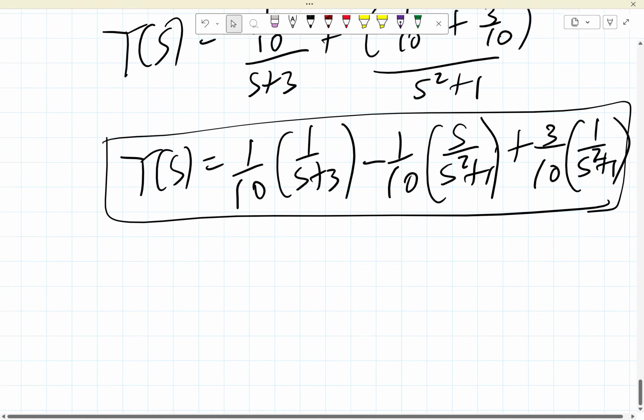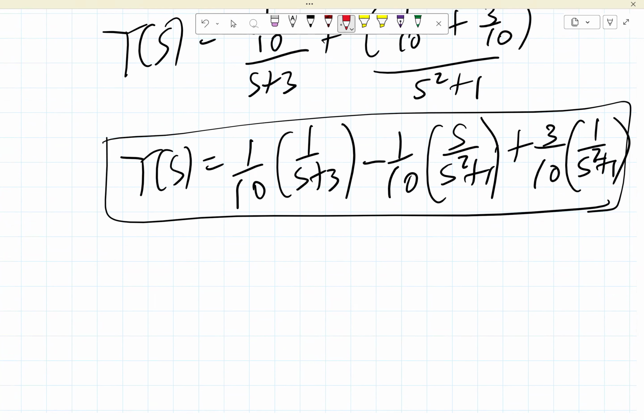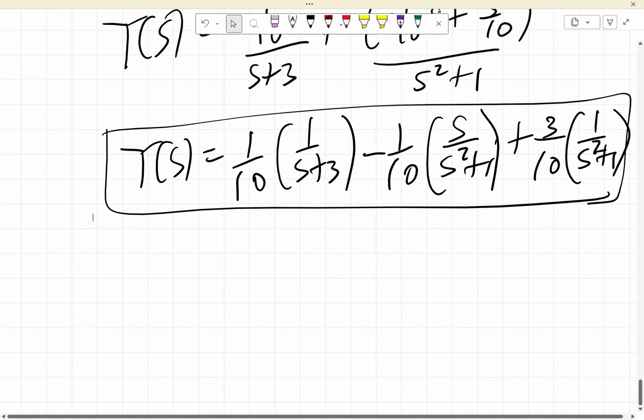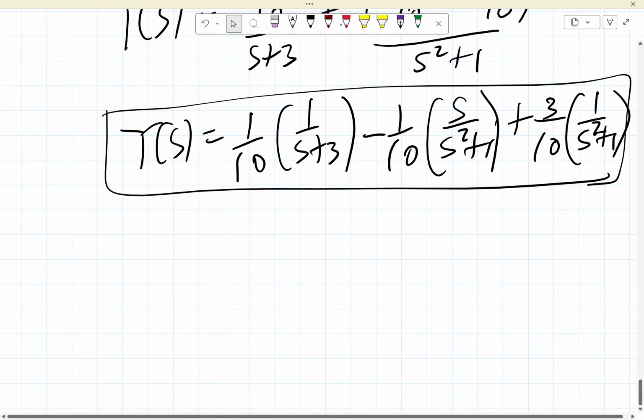But that's not the last thing, right? Because we are solving a differential equation, so we have to take it back to what it is originally. So to get y of t, you need to take the inverse Laplace of each of these.